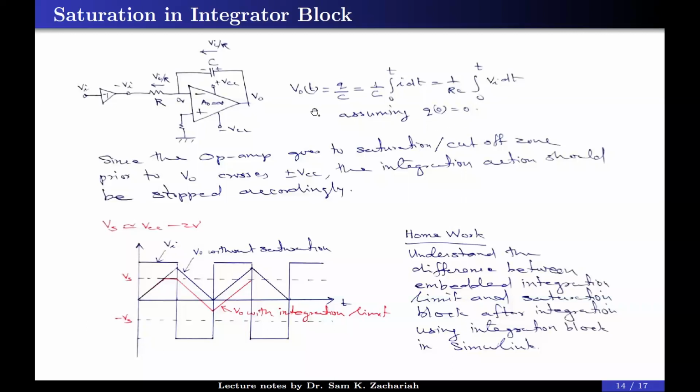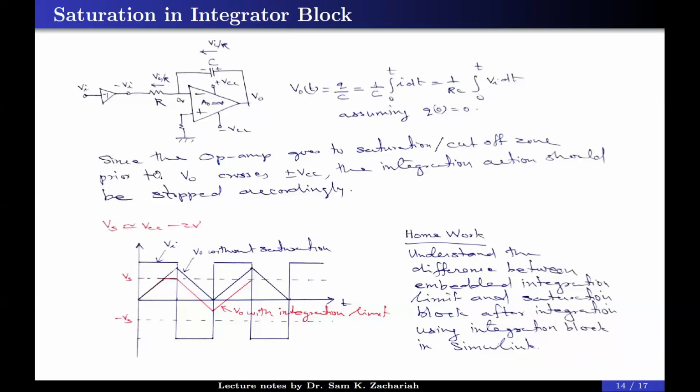And here we assume that the initial charge in the capacitor is zero. So this is the expression for an ideal integrator using an op-amp with an extra inverting stage to cancel the built-in negation of the single op-amp stage.